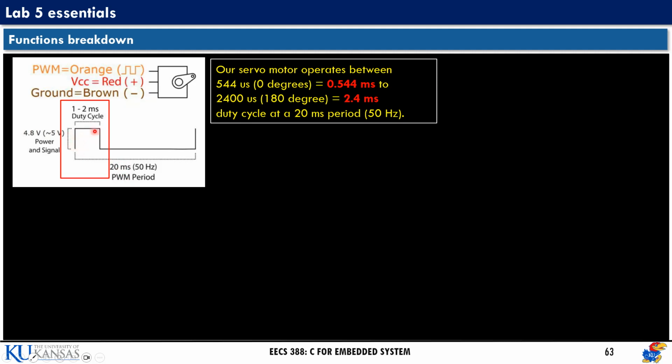For example, if the lowest value is 0 and the highest value is 5 volt, the on time of this clock period is what we call the pulse, and based on this pulse's width, we can rotate our motor's fan.